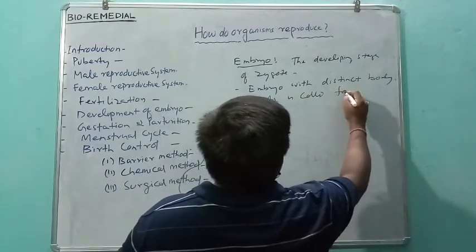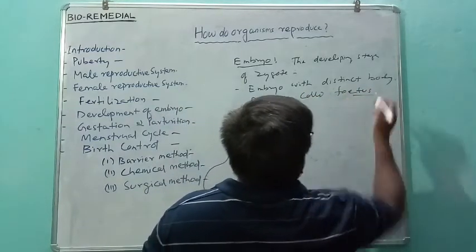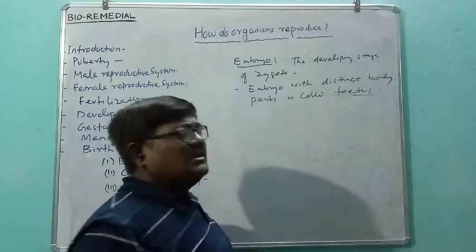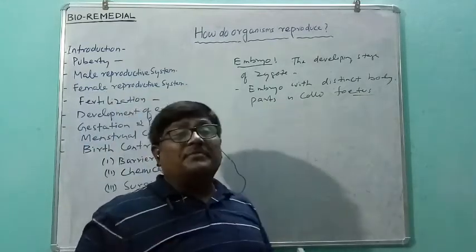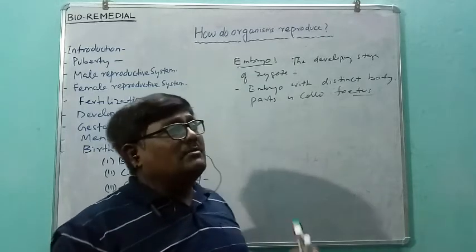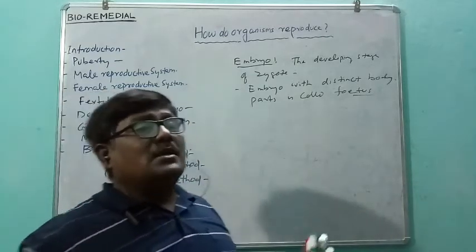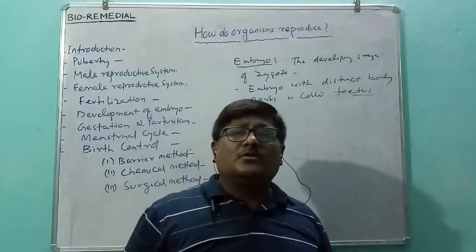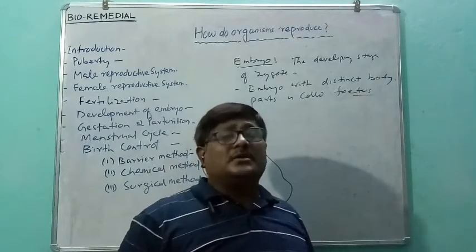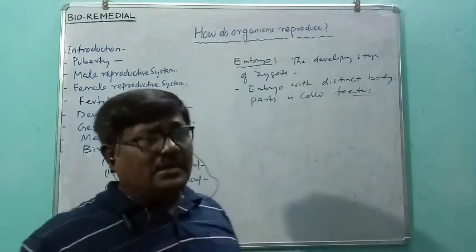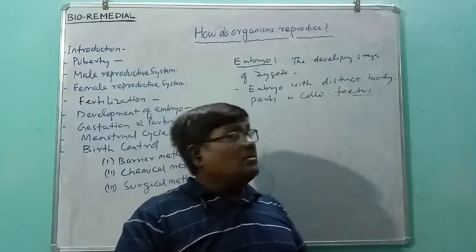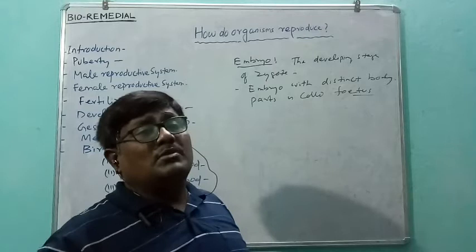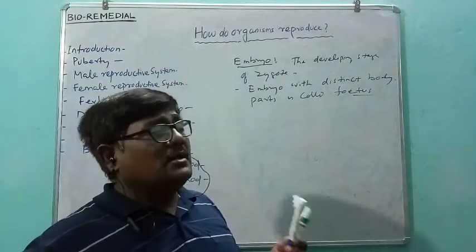It will be no more called an embryo. When all body parts are visible, usually after 5 months, it is known as a fetus. Now the fetal development takes place. When the pregnant lady goes to the doctor, they write the term fetus, fetal weight, fetal pulse, whatever. So fetus is the term used only after the complete development of body parts.